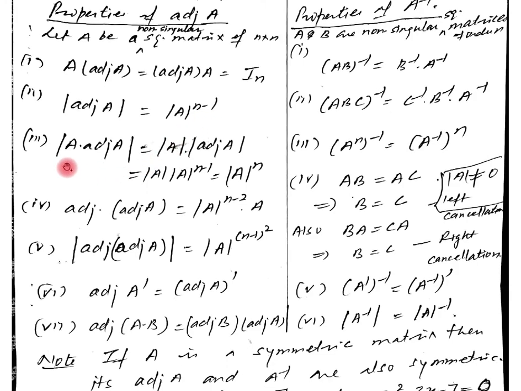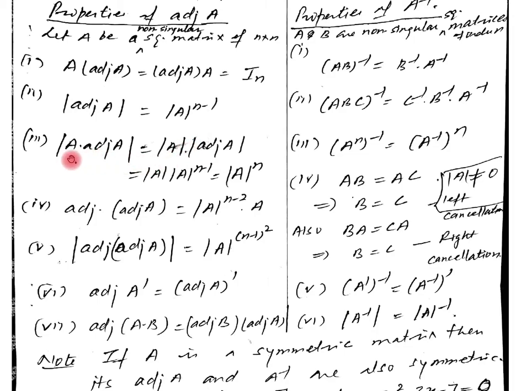The third property is determinant of A into adjoint of A. The determinant of a product of two square matrices can be written as determinant of A into determinant of adjoint of A. Determinant of A stays as it is, and determinant of adjoint of A is determinant of A raised to power n minus 1.